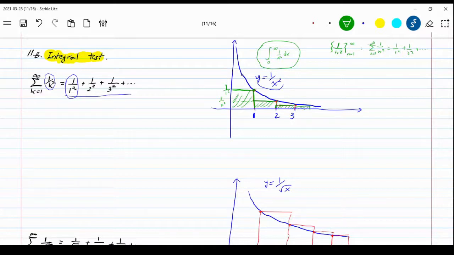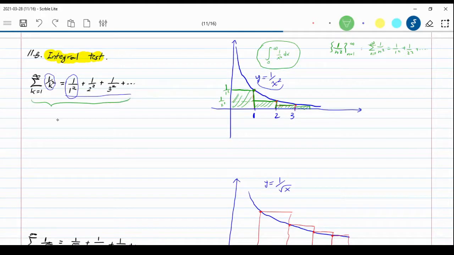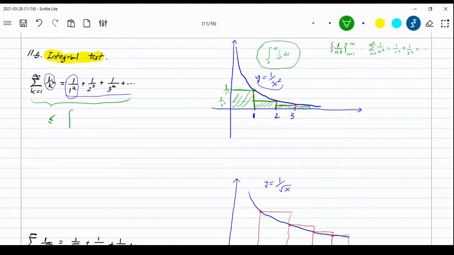So what we can say is that this summation of 1 over k squared is smaller than the integral from 0 to infinity of 1 over x squared dx. But to avoid starting from 0, let's make it 1. If we calculate this area and then add this first small square, it's still going to be larger than the sum, so I'm going to write it this way: 1 over 1 squared plus that integral.